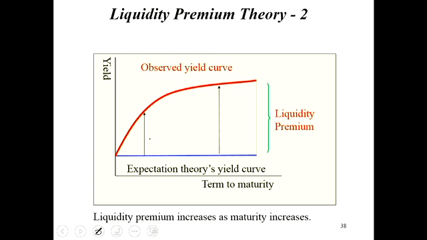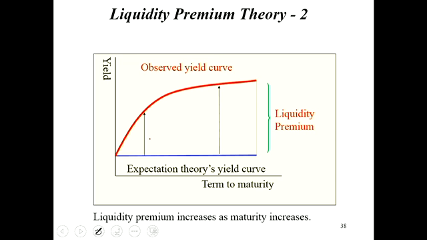So the basic idea is, why do we commonly see that curve sloping upward? You think about what we've said to date, that an upward sloping curve indicates that people think interest rates will rise in the future. It doesn't make a lot of sense that they think that for most of the time the interest rates will rise, because in practice, they can go up and down.